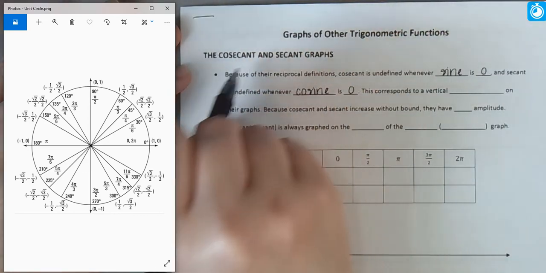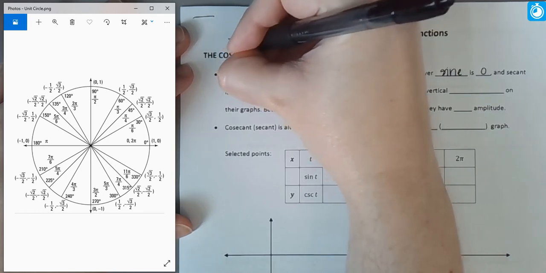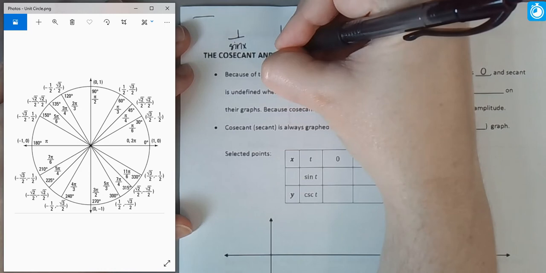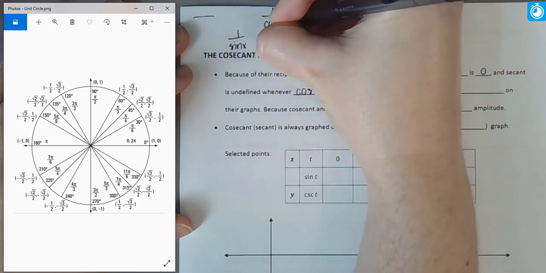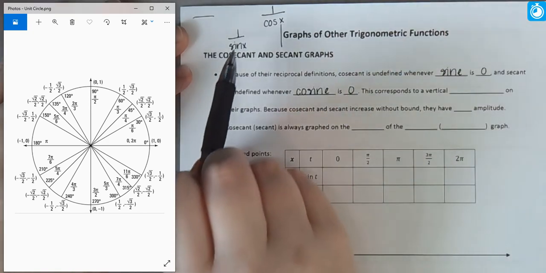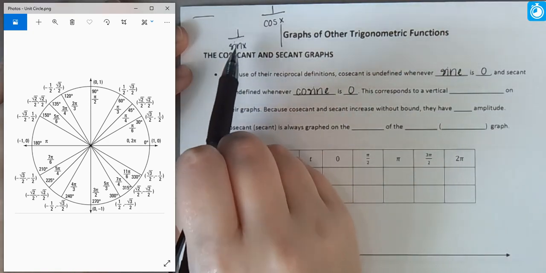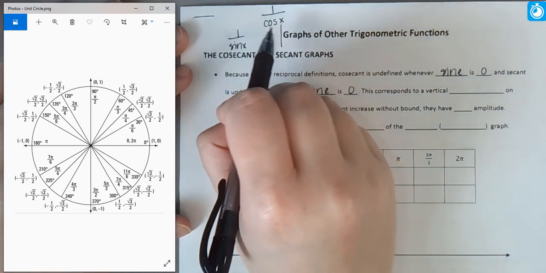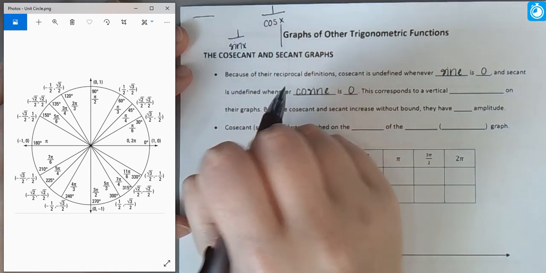So remember, cosecant is defined as 1 over the sine, and secant is defined as 1 over the cosine. At any location where sine is 0, cosecant would result in division by 0, so it'll be undefined. Anywhere where cosine is 0, secant will result in division by 0, so it will be undefined.